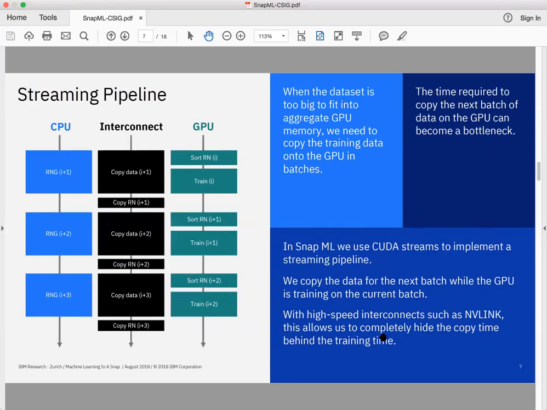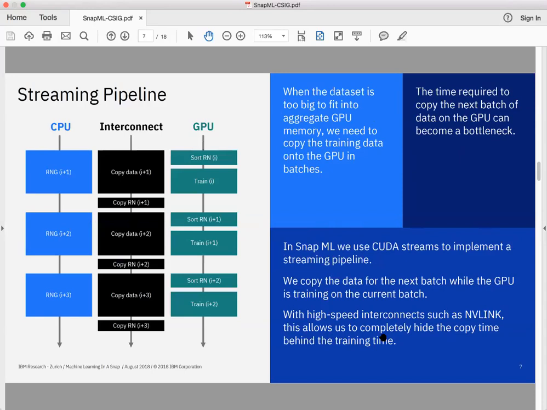So another key aspect of how we get snap-ml to train fast is how we feed the GPU with data. So snap-ml, as you saw a few slides ago, can scale out. So we can use more than one server to do our training.